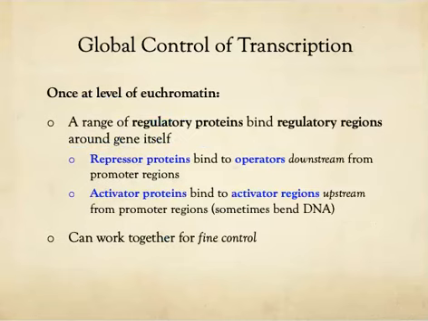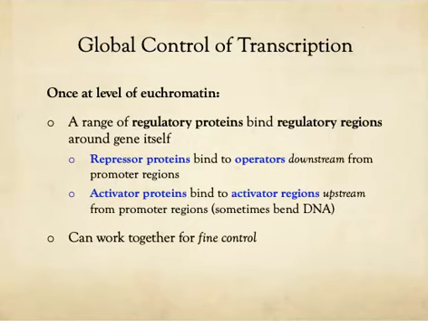Now, I mentioned at the beginning of the lecture that these global mechanisms largely focus on the area of transcription specifically. When we talk about gene expression, transcription and translation are involved, but most of the global regulatory mechanisms are around transcription.